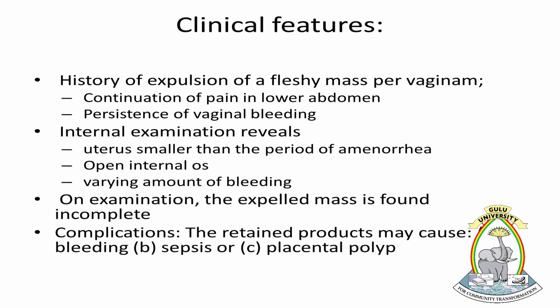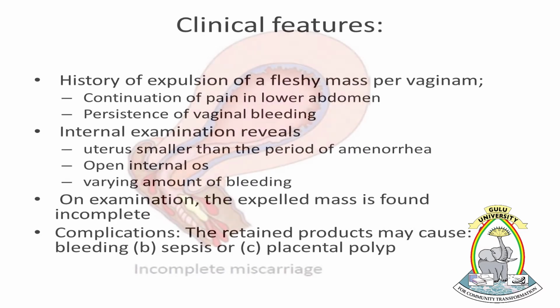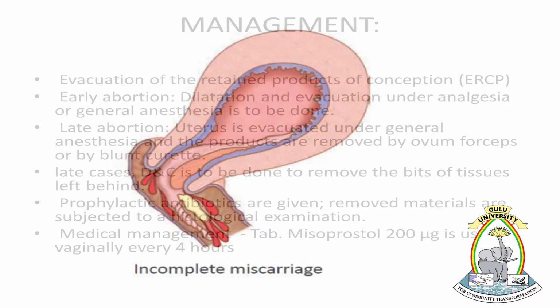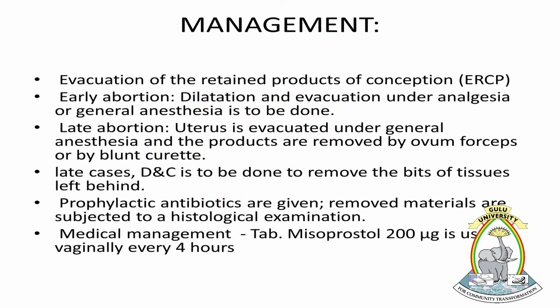The problem with this is that the retained product may cause bleeding, sepsis, or placental polyps. So it's important that we remove it. We actually do evacuation, and that's how it appears on the picture. The management, of course, is evacuation.